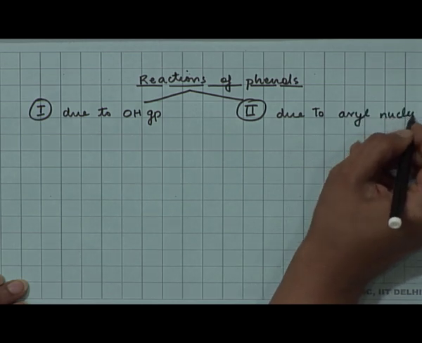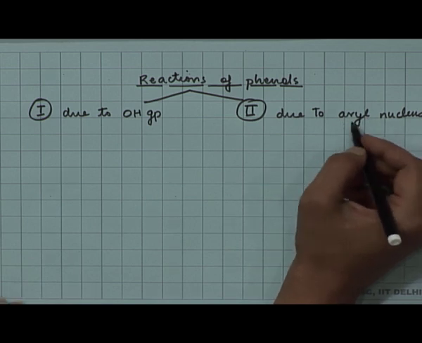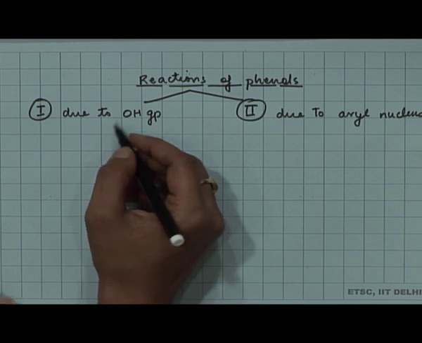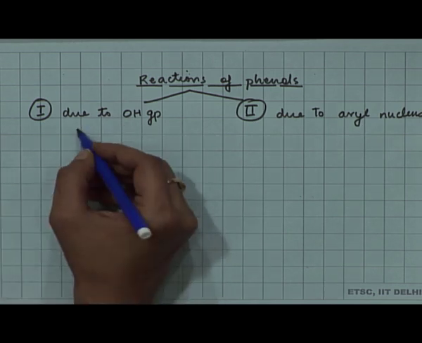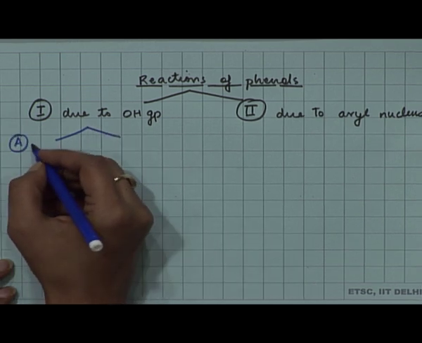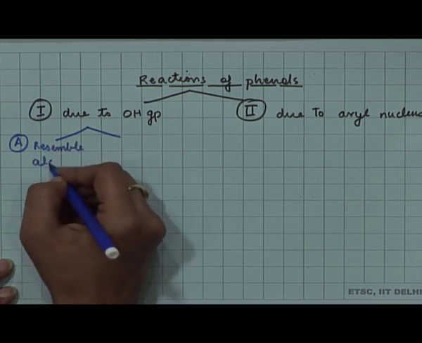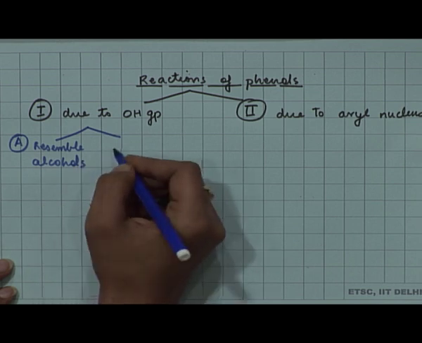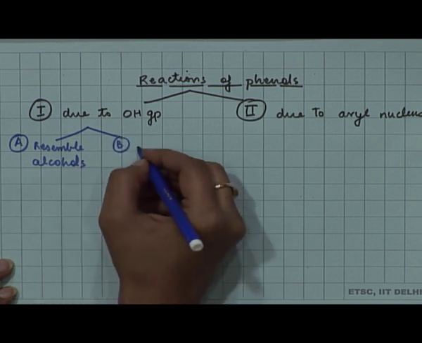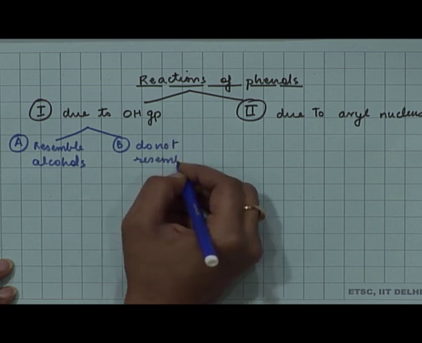So, unlike the alkyl part here, you are dealing with the aryl. So, what are the reactions typical of the aryl nucleus and due to OH group, and because of the hydroxyl again you can have two types: A, those reactions which resemble alcohols. You know that this was happening with alcohols also, and B, those which do not resemble alcohols.